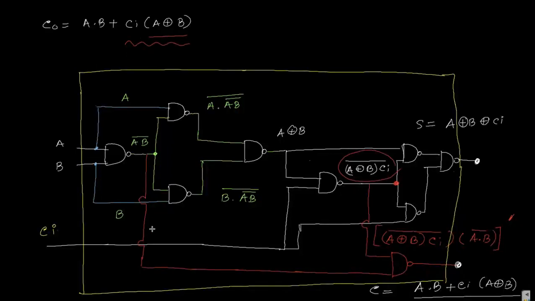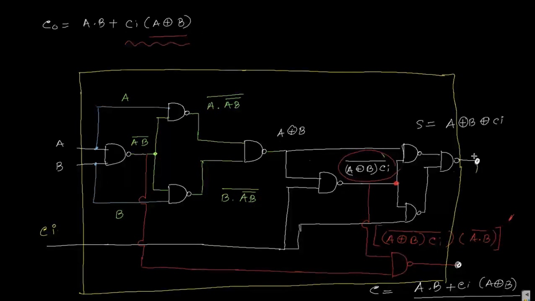First of all we AND A and B, that means A XOR B, through the 4 NAND gates, then taking Ci as another input into another NAND gate, and A XOR B as the other input of the NAND gate, we are getting A XOR B XOR Ci.